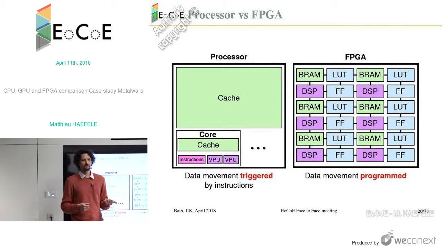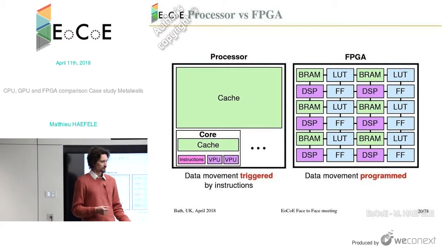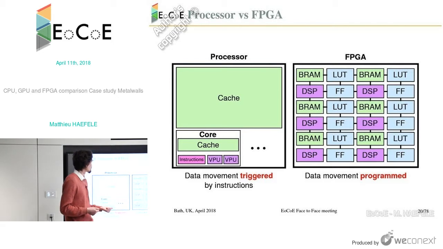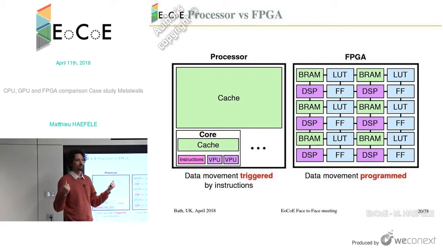DSP stands for digital signal processing. Here you can do whatever fancy operation you want on numbers, in any fancy number representation: floating point, fixed point, integer representation on various numbers of bits, whatever you want.